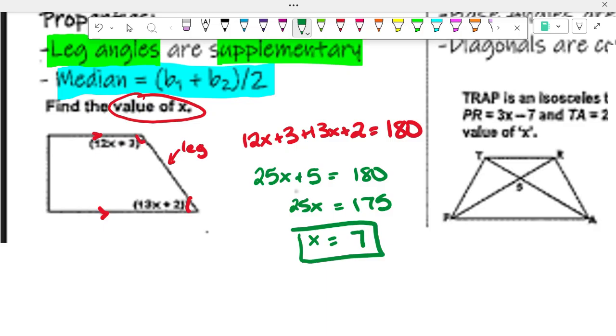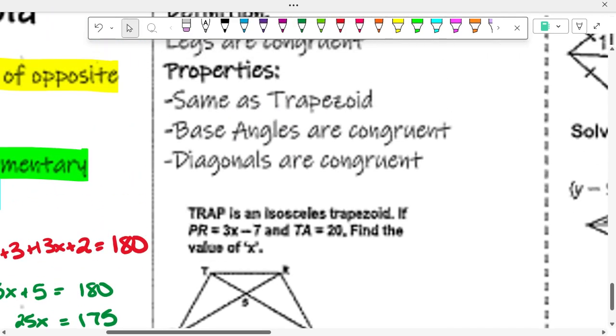Isosceles trapezoid. So think about an isosceles triangle. What's true about an isosceles triangle? Jason. So an isosceles triangle has two congruent sides. An isosceles trapezoid is the exact same thing: two sides are congruent, and it's typically the legs.